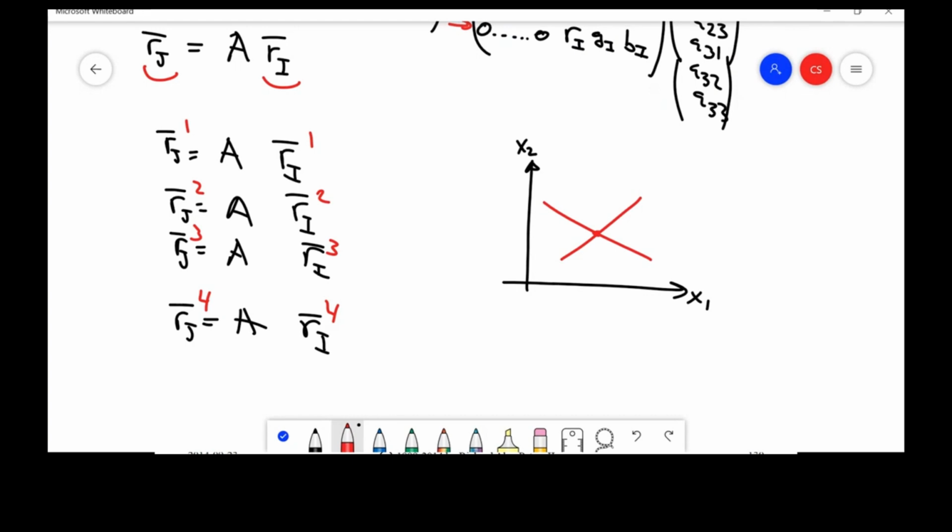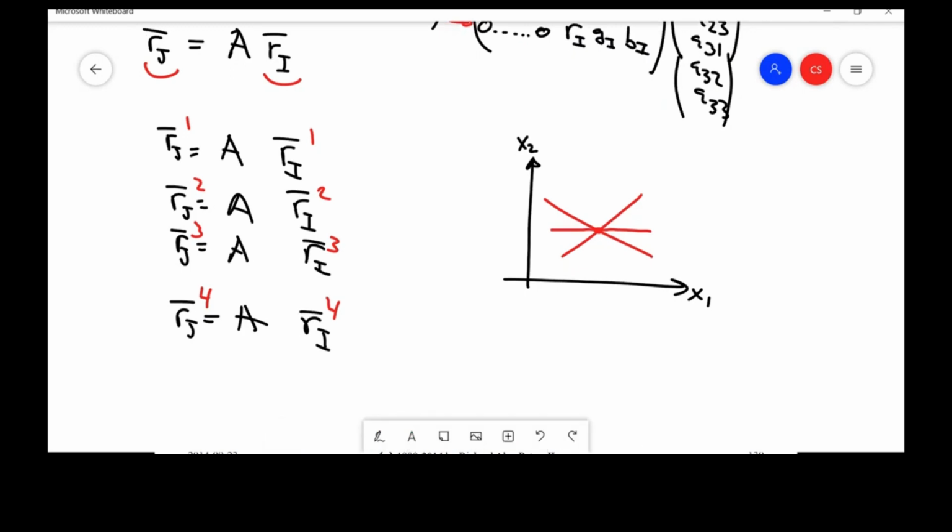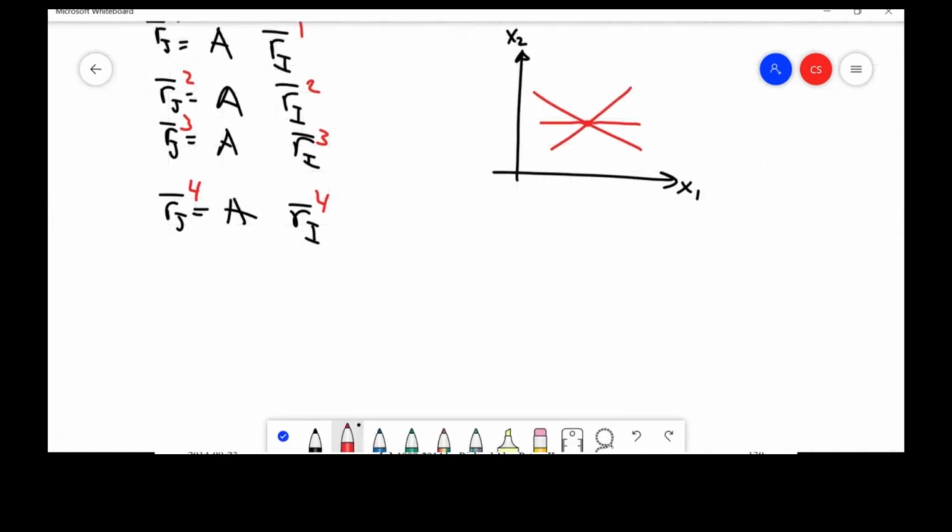What if I give you another pair? If I give you another pair, and it is consistent with all the other pairs, then we go exactly through the same solution. But what if this is not the case? So you have the same situation as before, but now the third pair is like this. Okay, so what is now the solution?